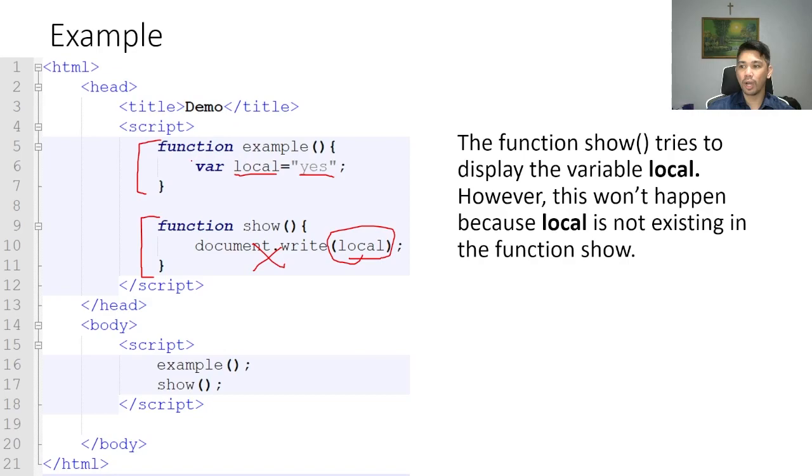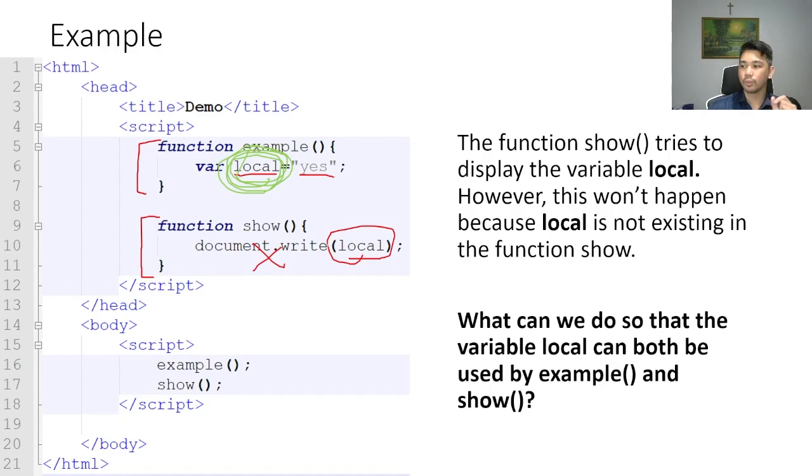The variable local only exists inside the function example. If another function is using a variable of a different function, that's a big no-no. Just imagine it being of two different worlds. If in this place you have a variable, this place cannot use the variable, and vice versa.